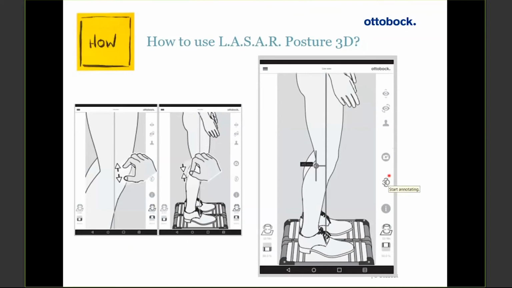The 3D little icon here, you can actually toggle between 2D, which we call legacy mode, like the old L.A.S.A.R Posture with the red laser line, or you can have 3D, which will give you your resultant forces. We also have a little information button here. Fantastic, it actually has little video tutorials in there.